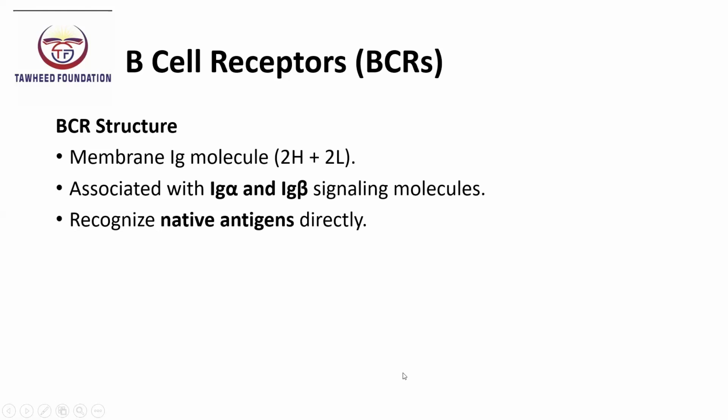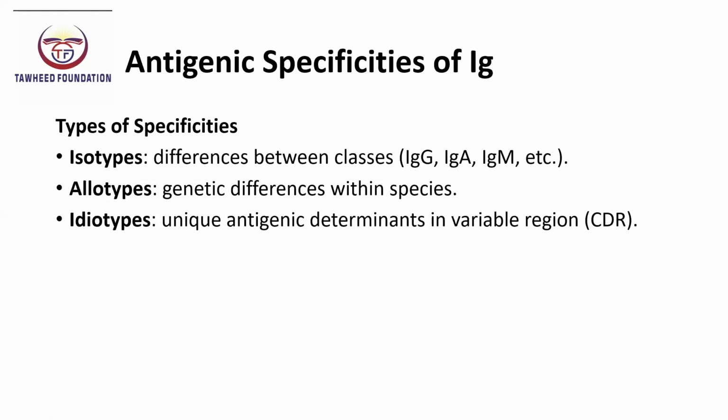Once activated, B cells can differentiate into plasma cells, which secrete soluble antibodies, or into memory B cells, which ensure rapid responses upon re-exposure to the antigen. Thus, BCRs serve as the frontline detectors of antigens for the humoral immune system.